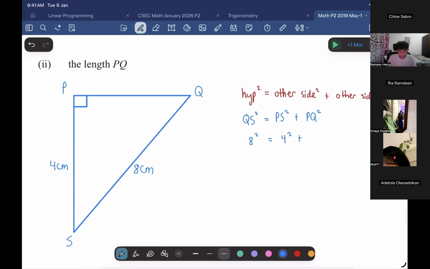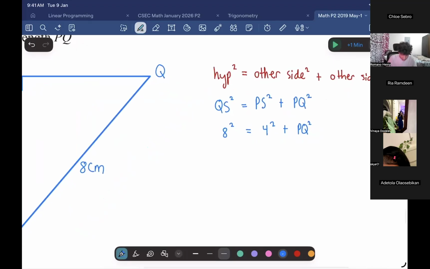Right, so I don't know what PQ is, I'll leave that blank. So Sky, what is 8 squared? Come on, mental maths. 64. Right? What is 4 squared? 16. Right.